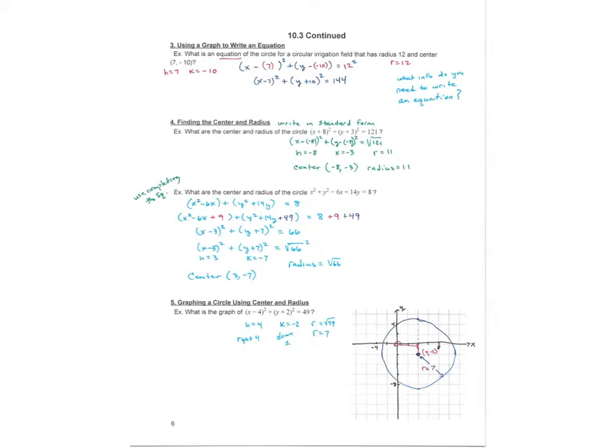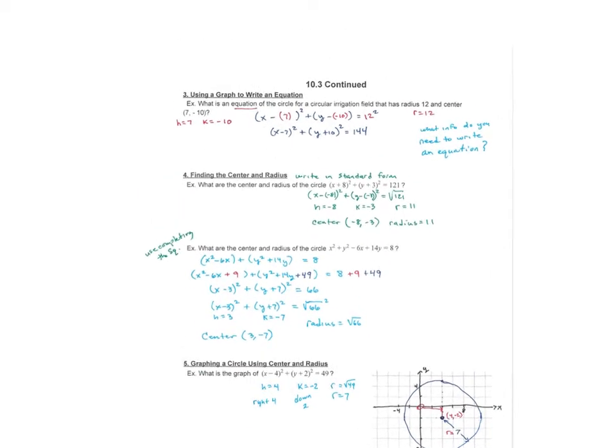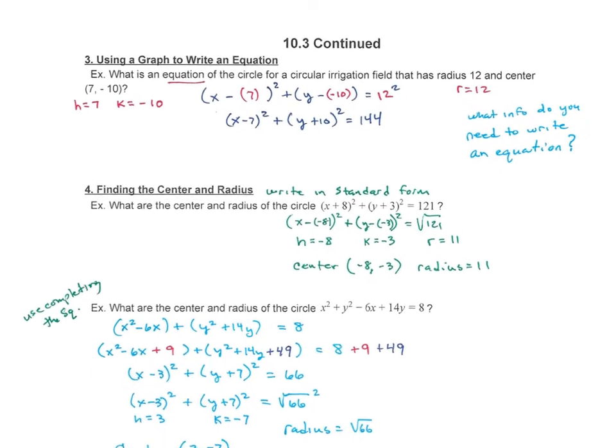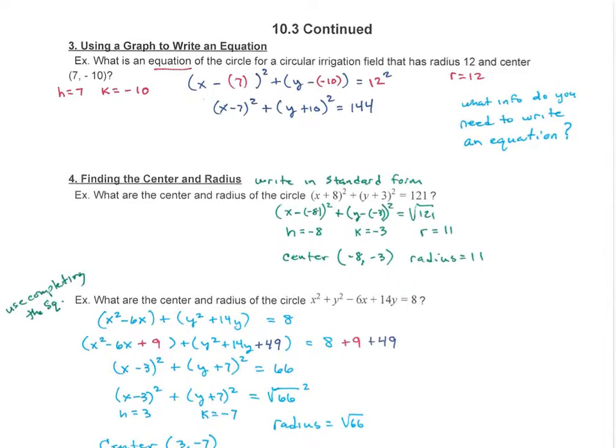Okay, continuing here, looking at using the graph to write an equation. What is the equation of a circle for a circular irrigation field that has a radius of 12 and a center here at 7, negative 10?